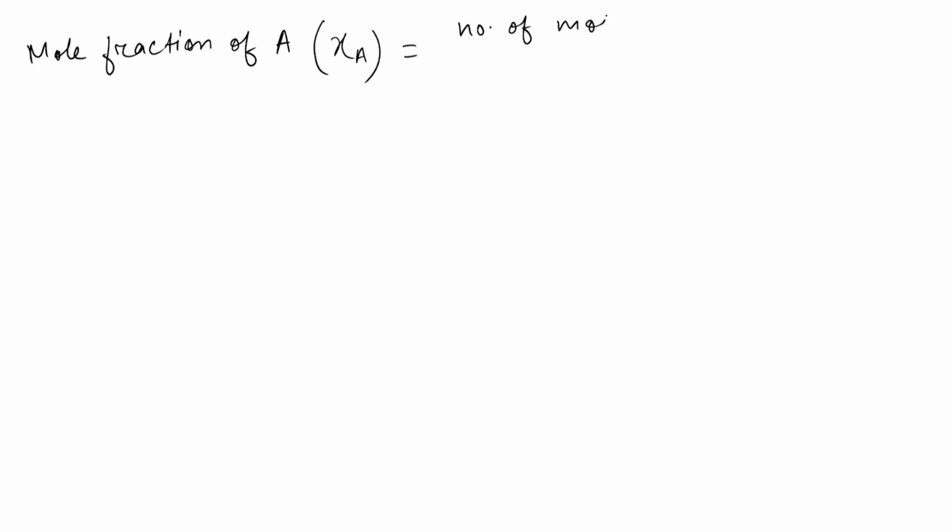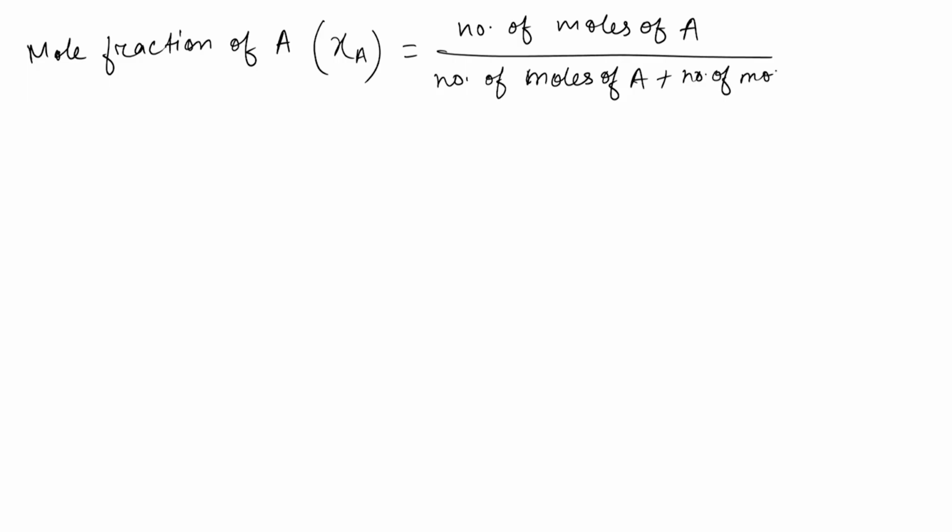Now, the mole fraction of A, Xa, is equal to number of moles of A divided by number of moles of A plus number of moles of B. So, Xa is equal to Na divided by Na plus Nb.